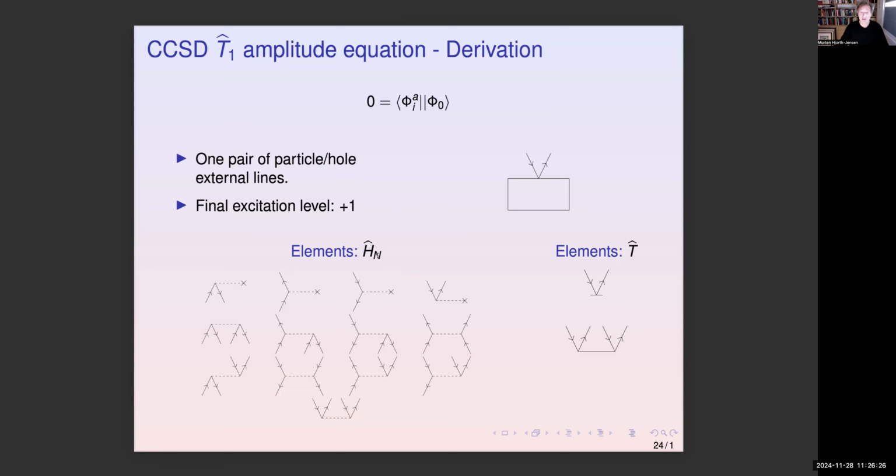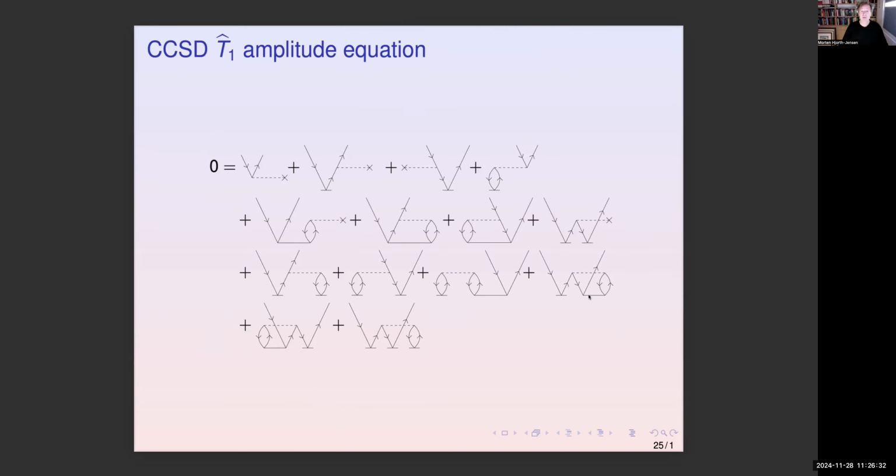So if we now look at all these diagrams for Hn and the T elements, we can then start looking at the possible contributions here. So some of these arise from different types of commutators. So obviously the first one is just this term here. Now we have a wave operator here, which then gets contracted with the Fn operator.